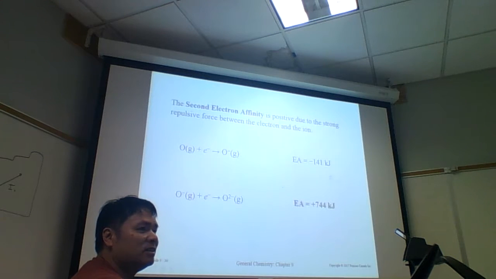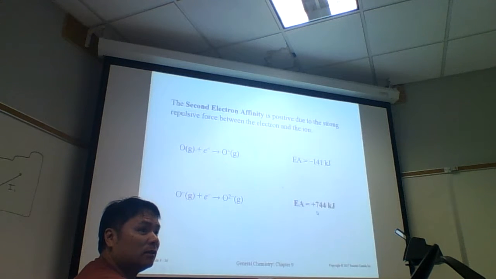Does that sound like a good deal? It doesn't. I'd rather stop after being paid $141 and call it a day. But here, it doesn't stop. It goes on, and oxygen ends up paying 600 kilojoules.